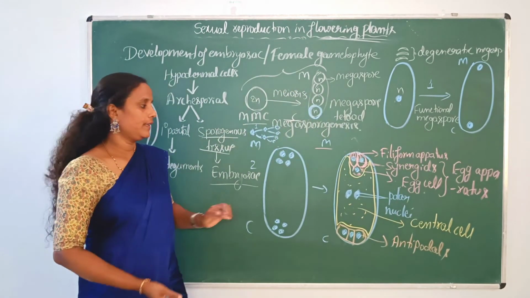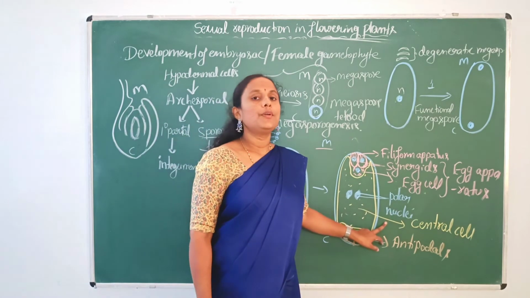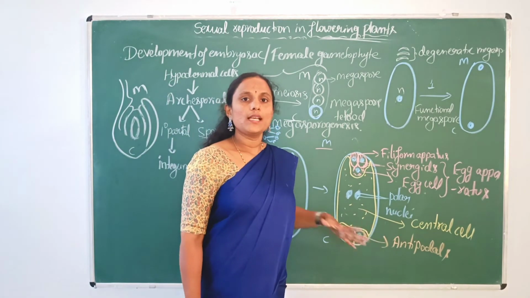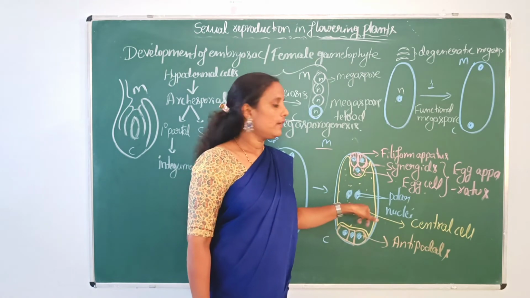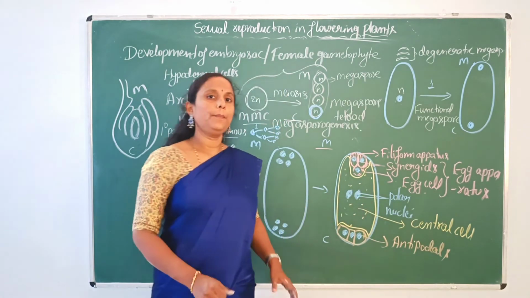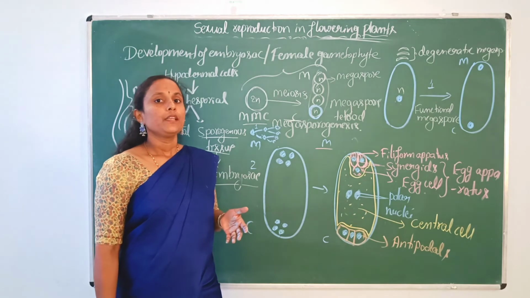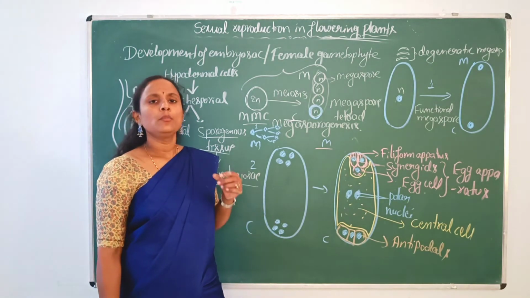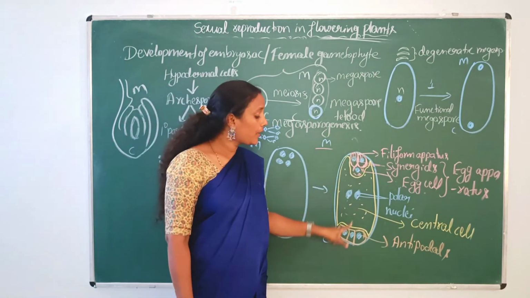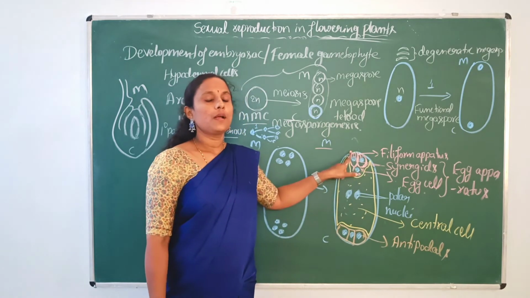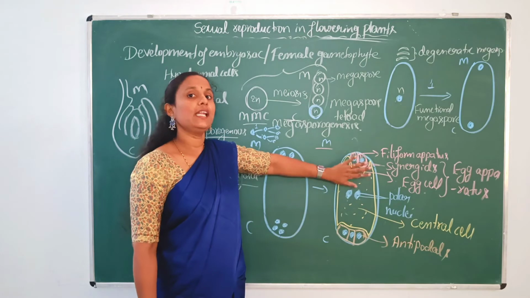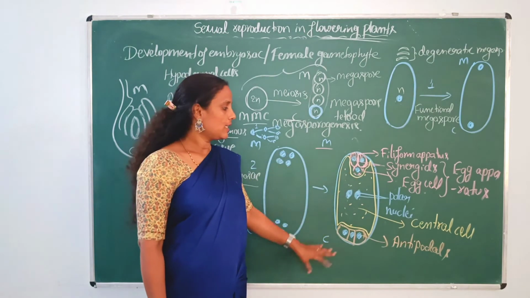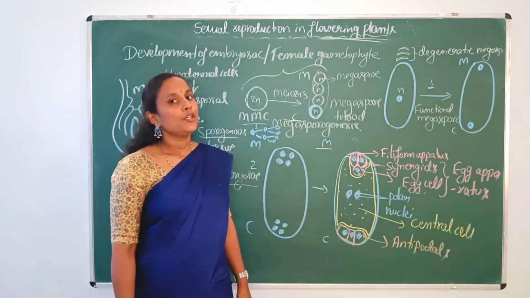And the nuclei of the central cell are called polar nuclei. You may ask now, even though they are present at center, why are we calling them polar? Pole means end, right? We are calling them polar nuclei because they are from the poles, from the micropylar end and from the chalazal end. Originally they are from the poles. That's why they are called polar nuclei.